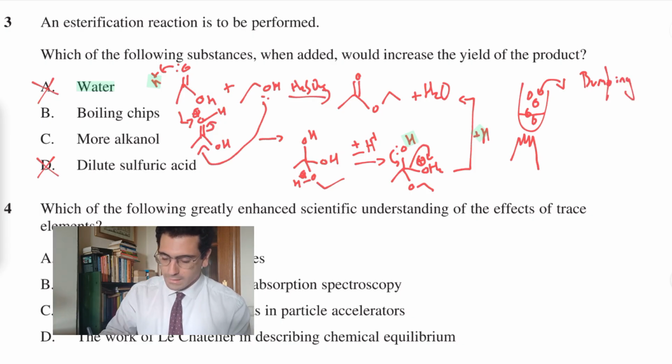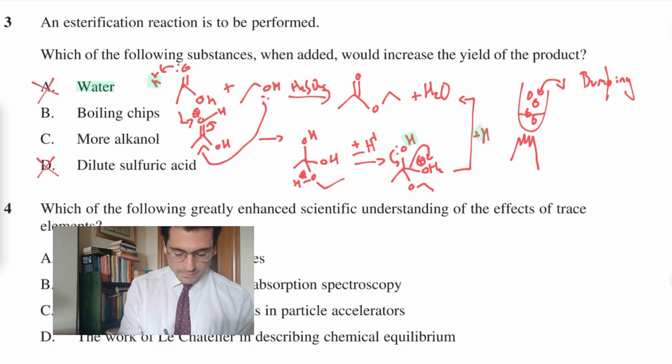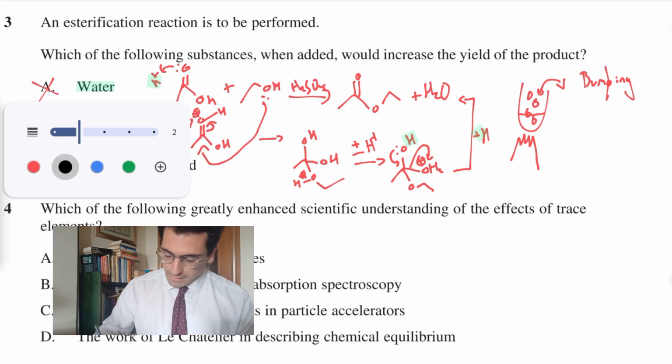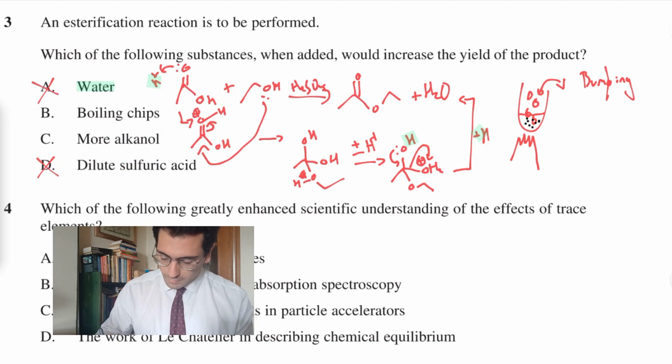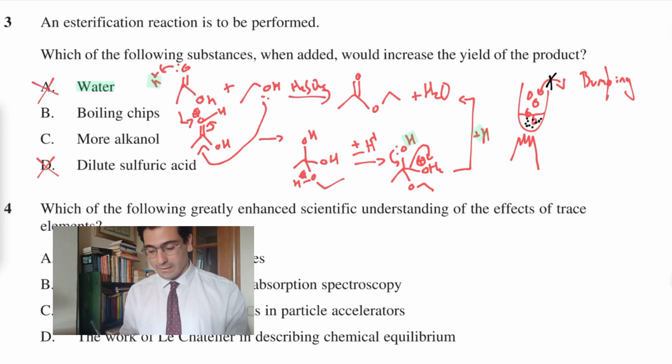Now, if you add boiling chips, which I will draw in black, the boiling process becomes a lot smoother, and this bumping does not occur. So technically speaking, if your bumping was vigorous enough to make you lose liquid from your test tube or your reaction vessel, whatever it was, then you would technically decrease the yield of the product.